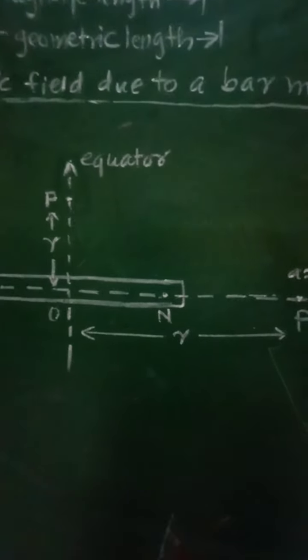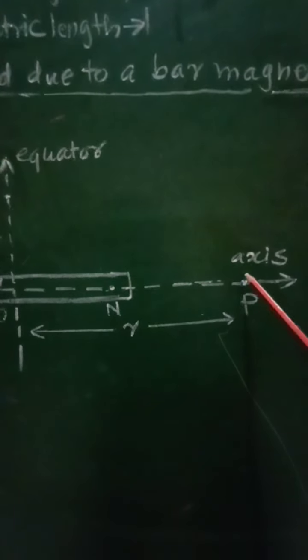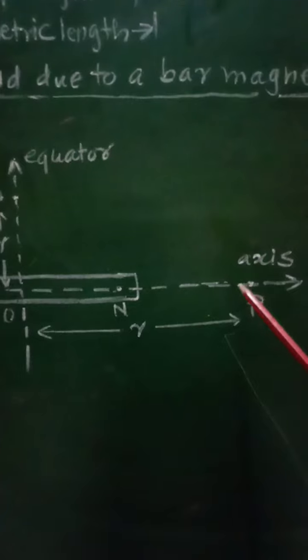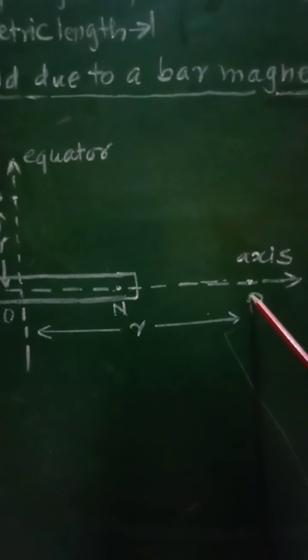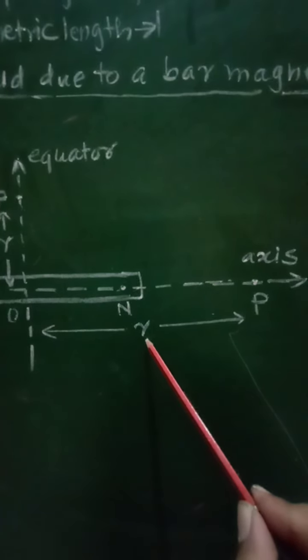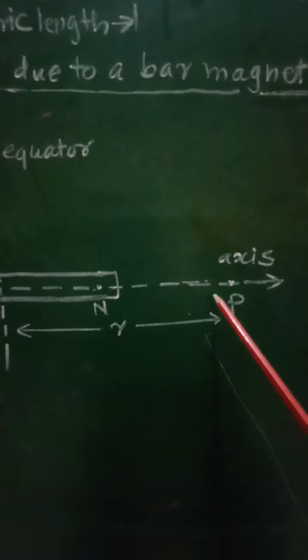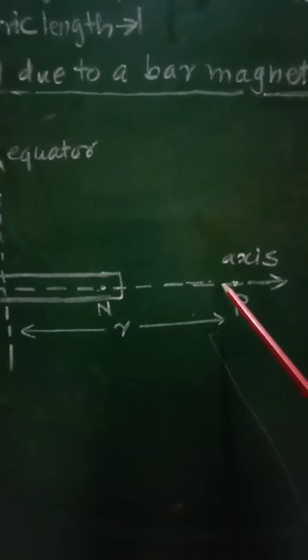And therefore let us consider first of all the axis of this bar magnet. Along the axis of the bar magnet we have considered any point P at a distance r from the center of the magnet, at which we have to find the magnetic field.